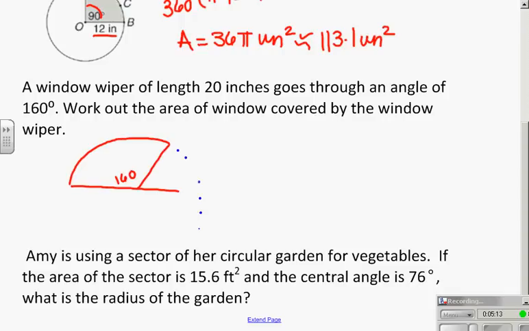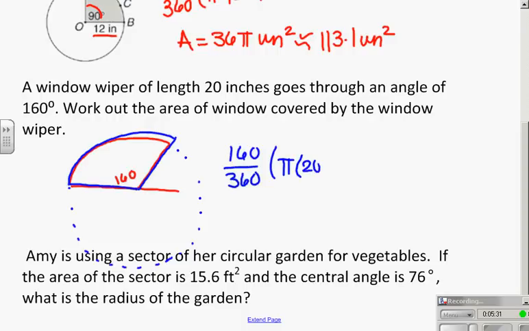If you could envision that that is actually a portion of a circle, then you can see that to find this sector area, we would take 160 divided by 360 times, that's our fractional portion, times pi times 20 squared. And that will give us the area of our sector. And when you put this into your calculator, you find out that the area here is 558.5 inches squared.